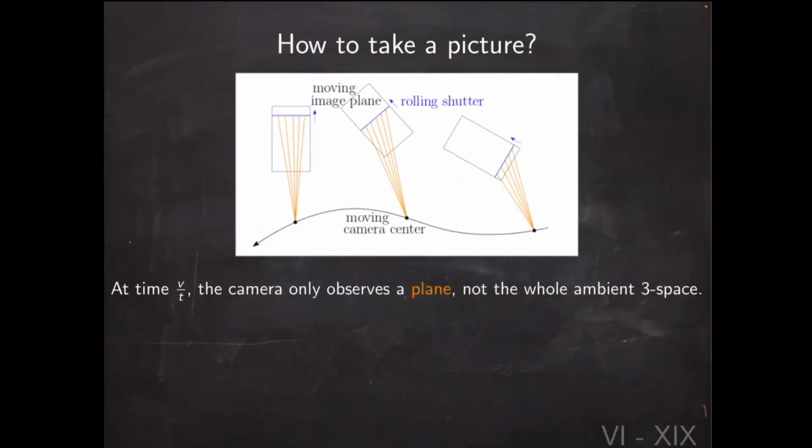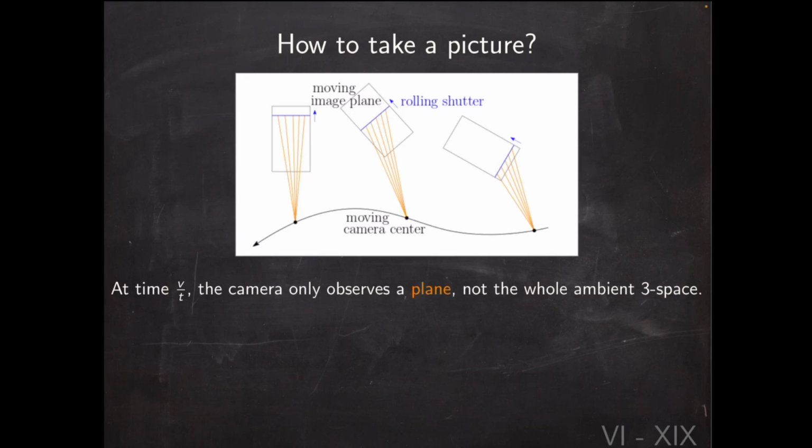Okay, so do we agree that this would give us the data for a rolling shutter camera? Because I have told you how the blue line moves across the image plane, and at every point in time, I have also given you a camera center, which I assume varies rationally, and I have given you a rotation at each point in time. So then we have a model of such a camera.